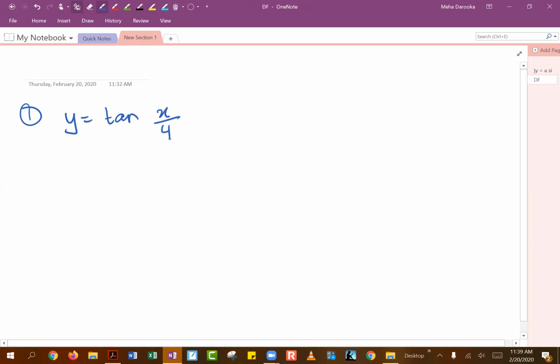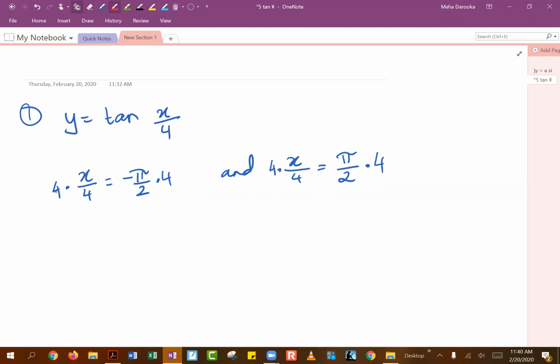Okay, so our first step will be taking that x over 4, setting it equal to negative pi halves, and x over 4 equal positive pi halves. Solve that for x, and what will we end up getting? Multiplying both sides by 4.